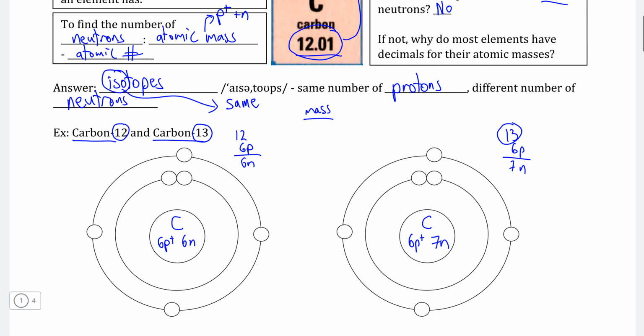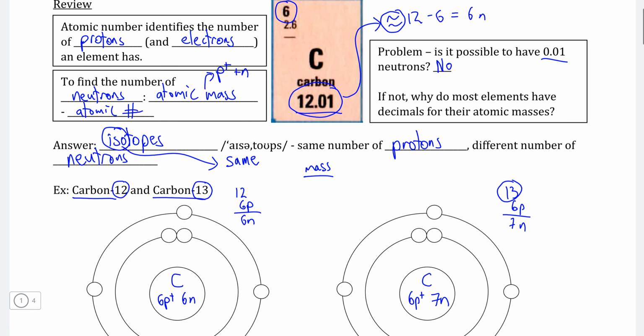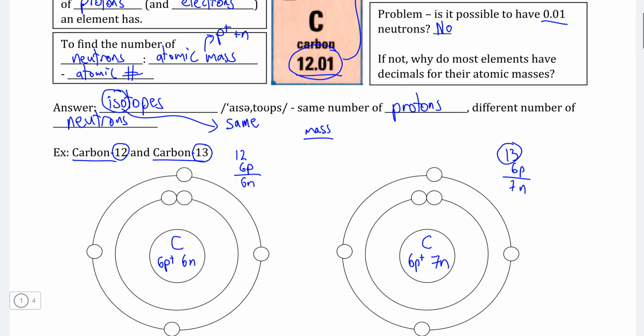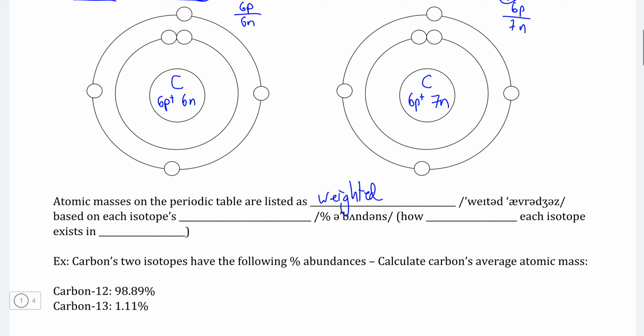So then why isn't the atomic mass number simply 12.5? Because that's the middle number in between 12 and 13. Well, the atomic masses on the periodic table are actually listed not as a perfect average between the two, but as what we call a weighted average, which naturally accounts for how commonly each of the isotopes exists in nature.